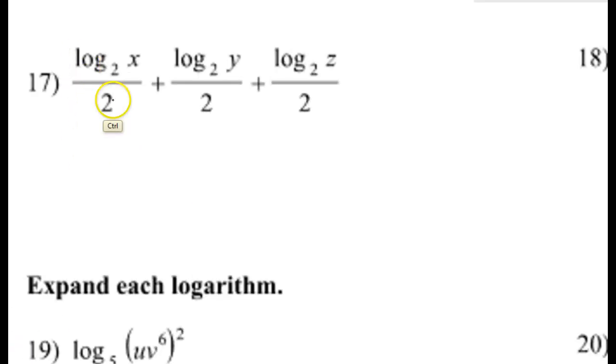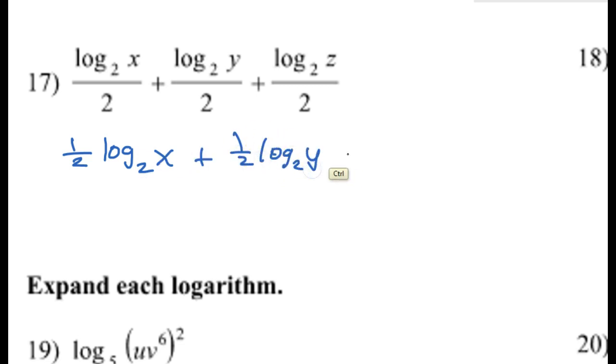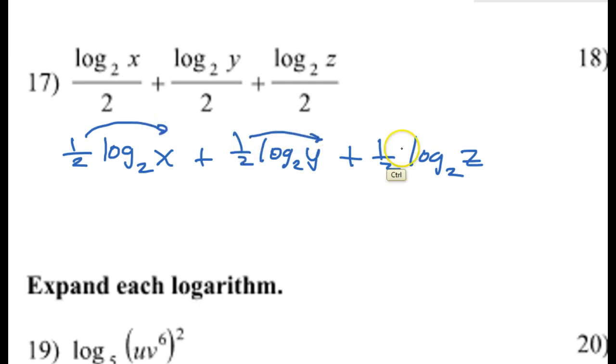First of all, understand that dividing by 2 is the same thing as multiplying by 1/2. So I will think of this as 1/2 log base 2 of x plus 1/2 log base 2 of y plus 1/2 log base 2 of z. Does that make sense so far? Okay. So I can use the power rule and take each one of these 1/2s and make them the exponent.